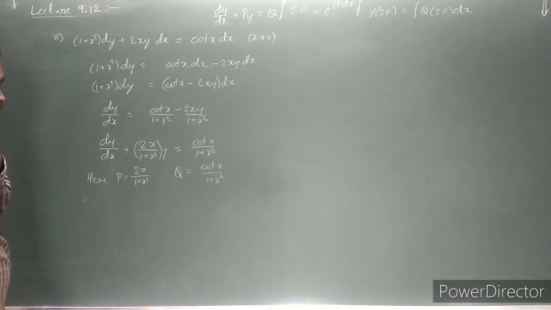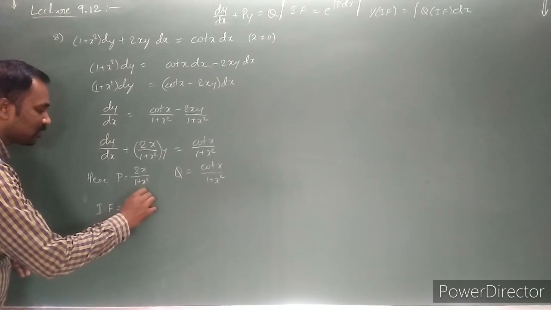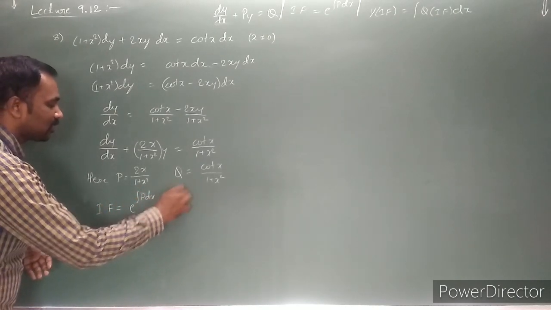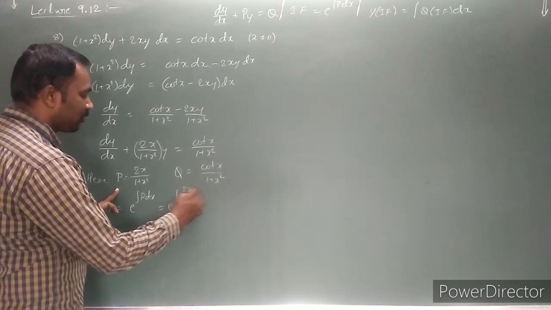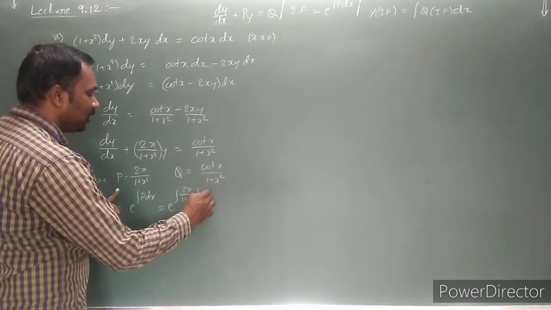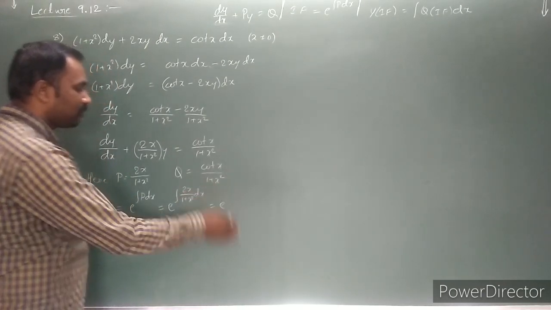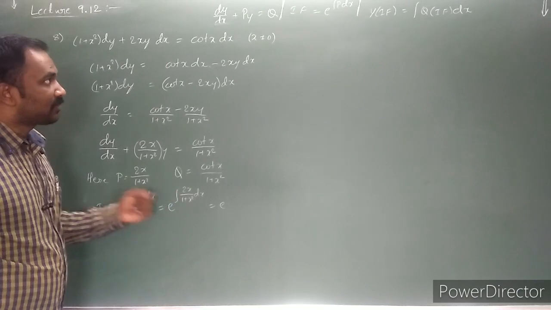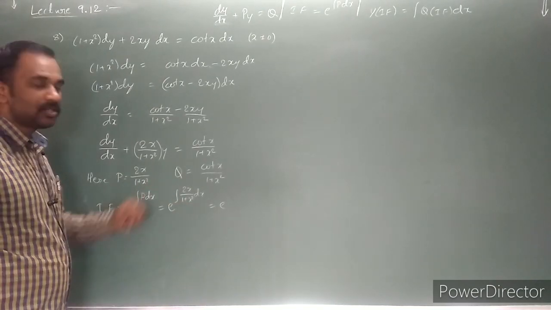Now, the integrating factor. What is the integrating factor? It is e power integration of P dx, which is e power integration of 2x divided by (1 + x²) dx. What is the integration of 2x divided by (1 + x²)? It is of the form f dash of x divided by f of x, since the differentiation of 1 + x² is 2x.